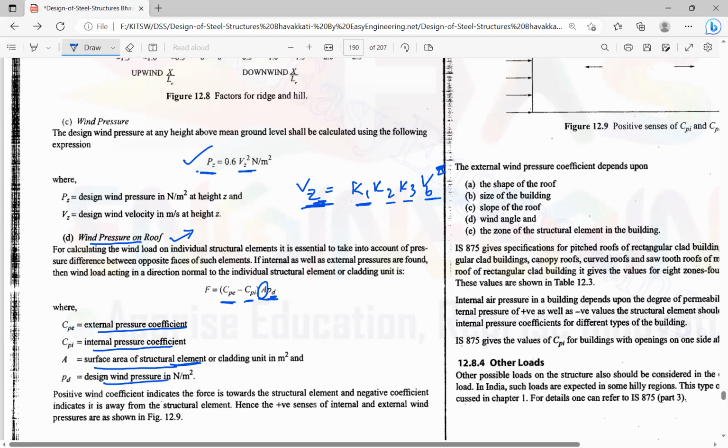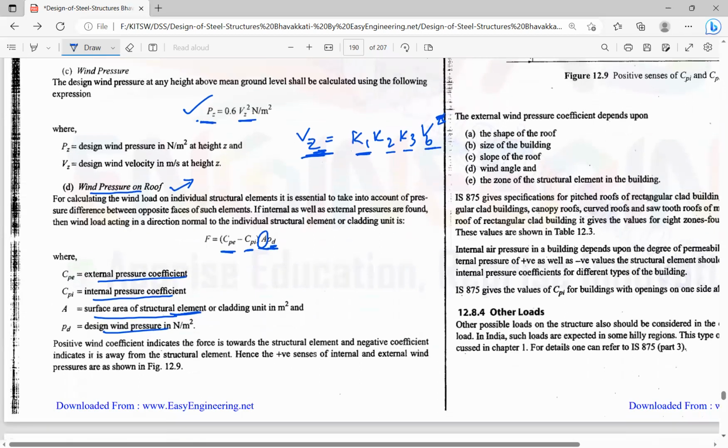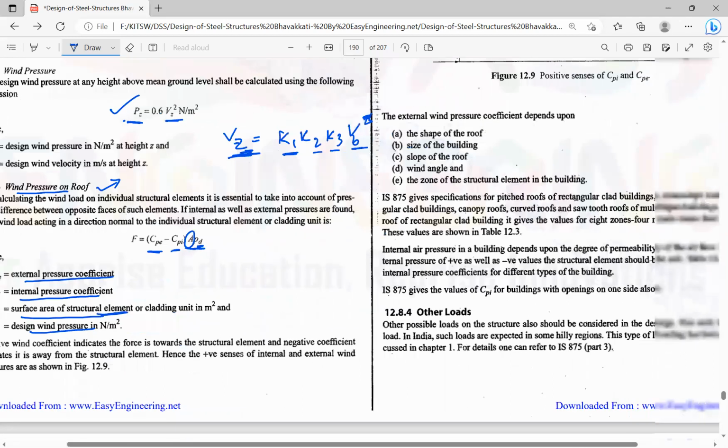PD is the design wind pressure in Newton per meter square, PD is equal to 0.6 Vz square. Area is the surface area, the roof covering sheet or structural element. From this you can calculate the total wind pressure on the roof.